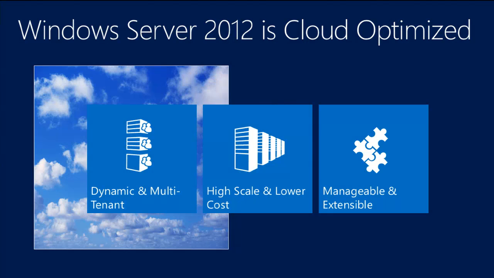If you want to build a cloud, you must be dynamic and multi-tenant. The environment of a cloud requires you to run a lot of different tenants on the same infrastructure, move them around. We need to think about the dynamic aspect.